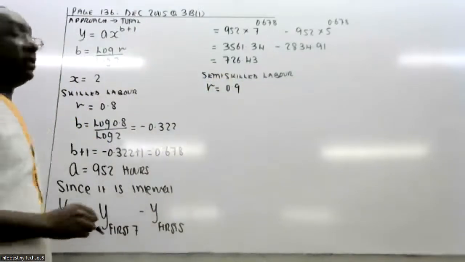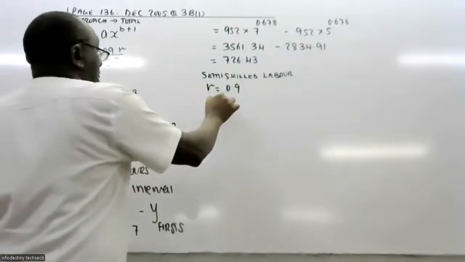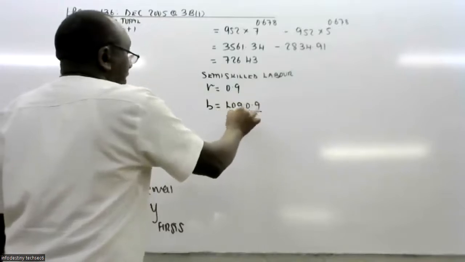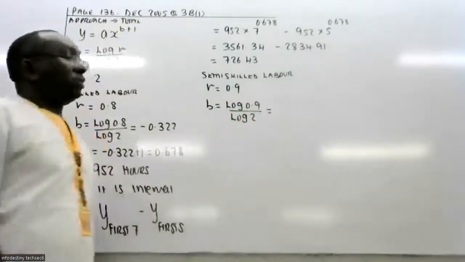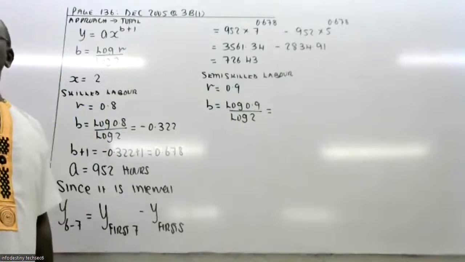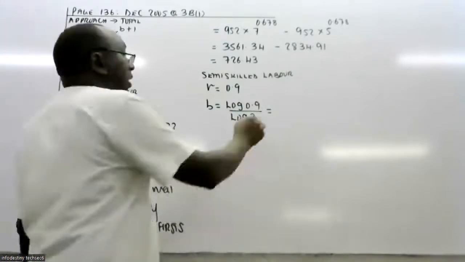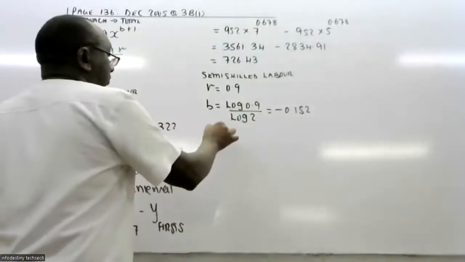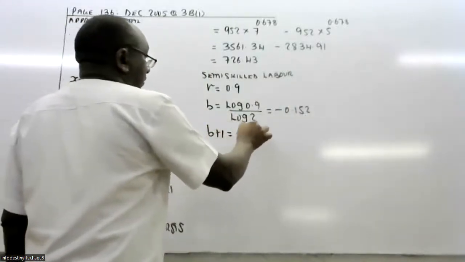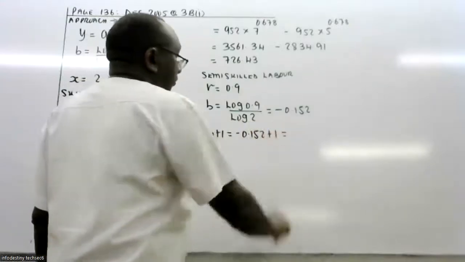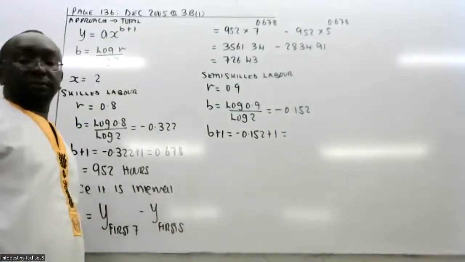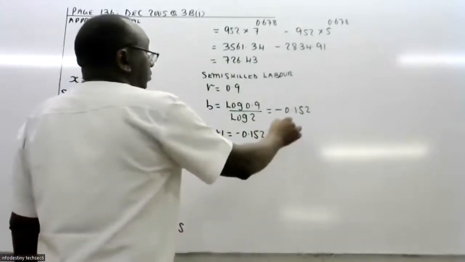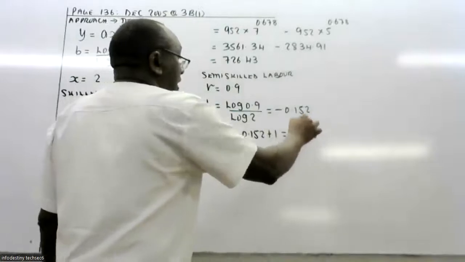B is the log of 0.9, you divide by the logarithm of 2. That gives us what? Negative 0.152. I have B plus 1 is negative 0.152 plus 1, which is 0.848.